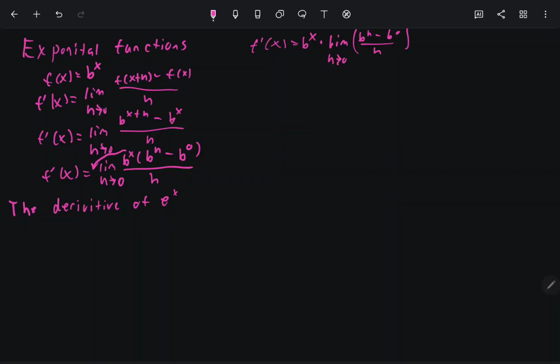You may recognize that this may not be our normal form of the limit as h approaches 0 of f of x plus h minus f of x, but this actually does resemble a function.